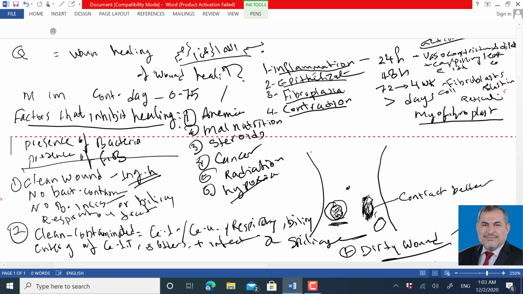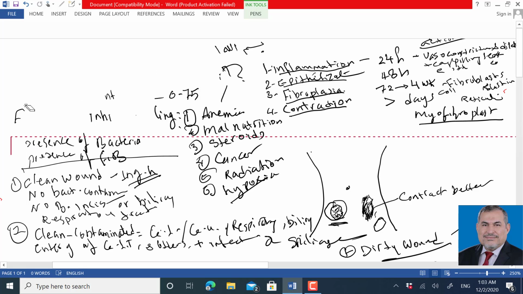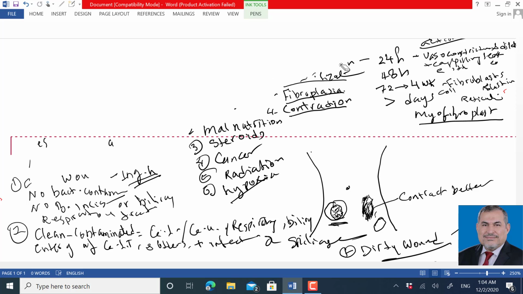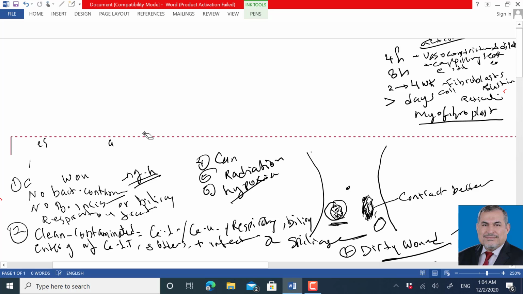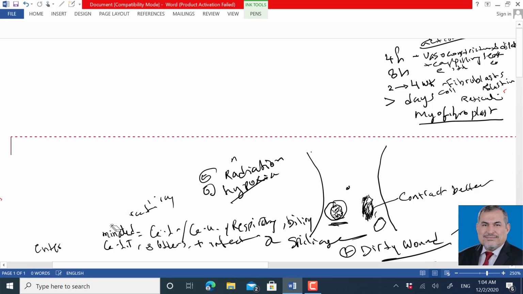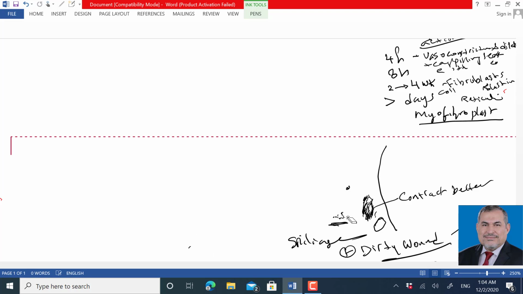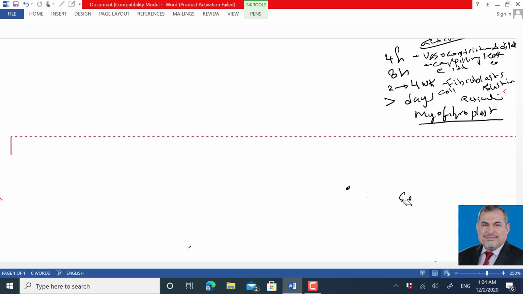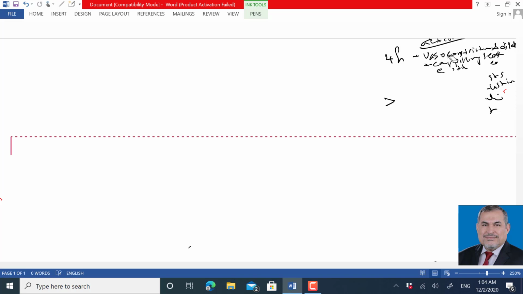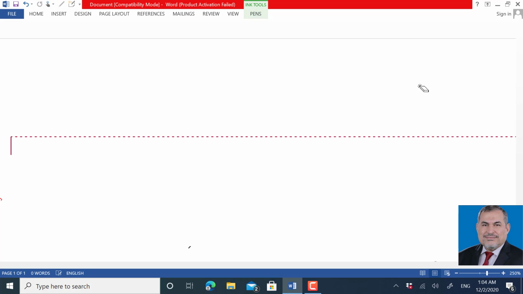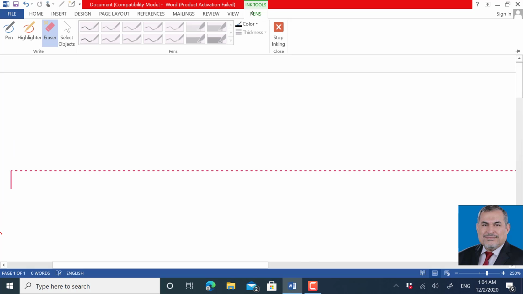For example, in clean wounds, the rate of infection is less than 5%, while in clean contaminated wounds, the rate of infection is less than 10%. In contaminated wounds, the rate of infection is less than 15%, while in dirty wounds, the rate of infection is 25 to 40%. So according to this classification of the wound, we can determine the rate of infection.